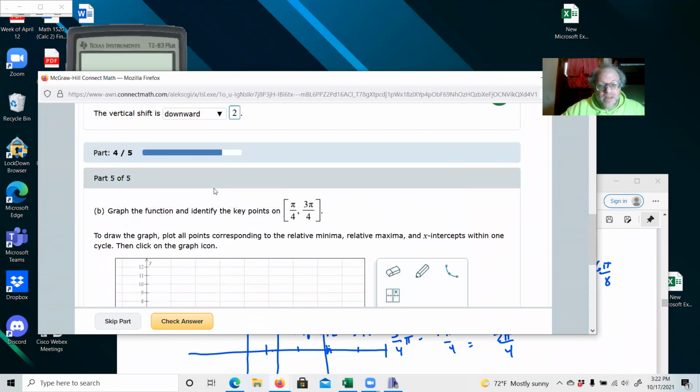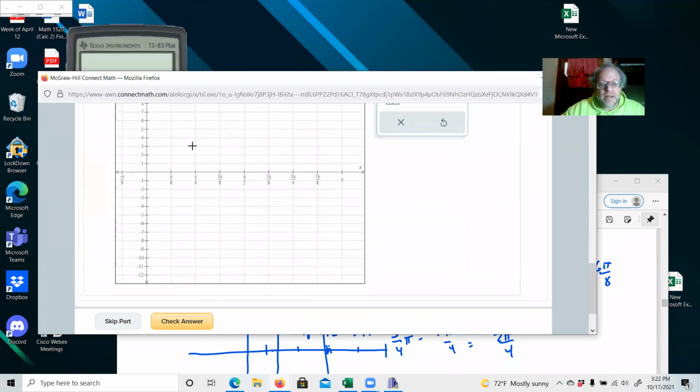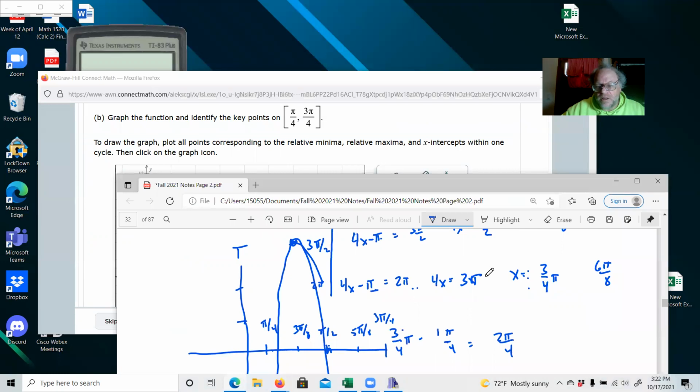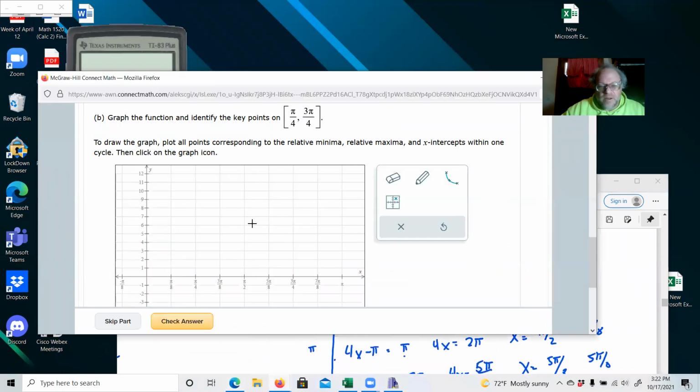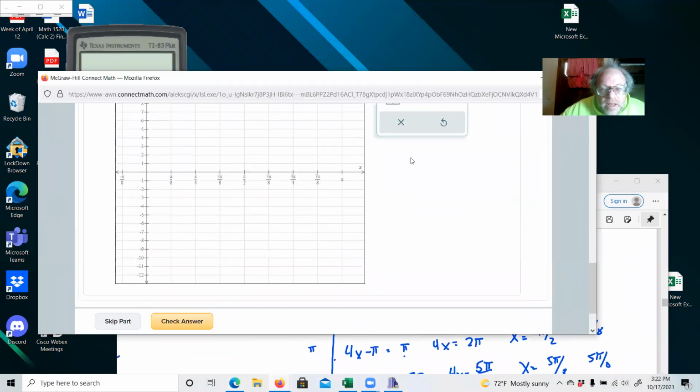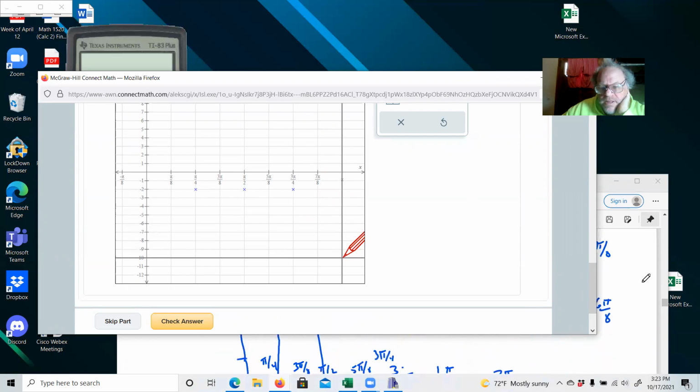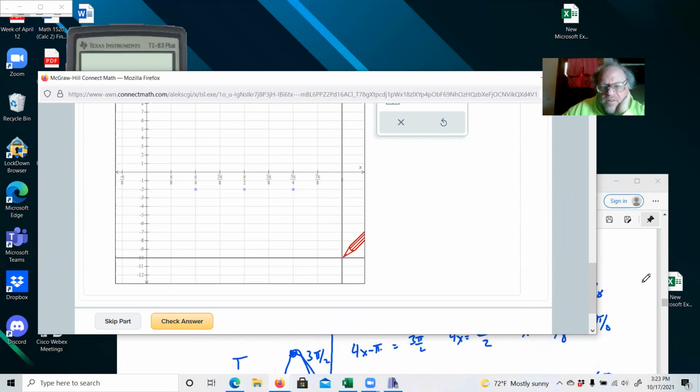Okie dokie. So down here, where are we starting? We are starting at 2 pi over 8 or pi over 4, and we are going to be down here at -2. So we are at pi over 4, -2. Then we get to pi over 2, and then we get to 3/4 pi. That was our beginning, our end. You guys are going to have a slightly easier time than all of us.